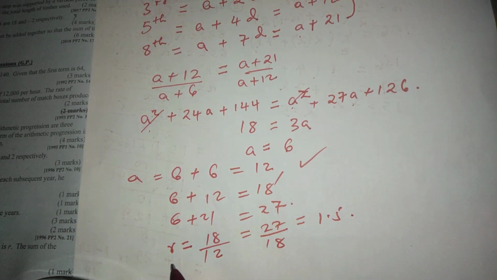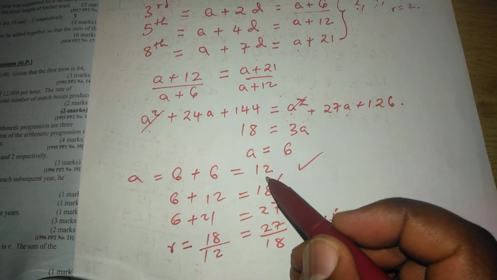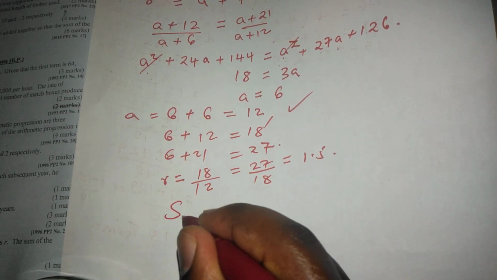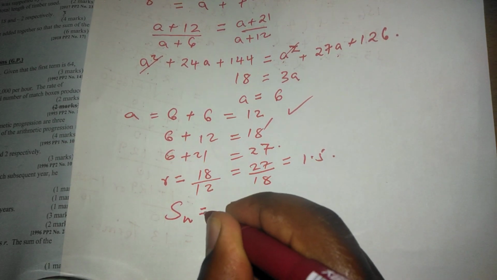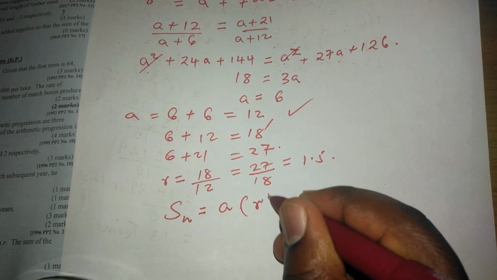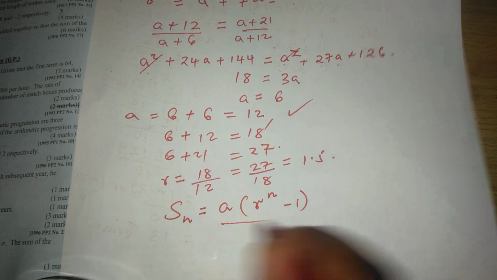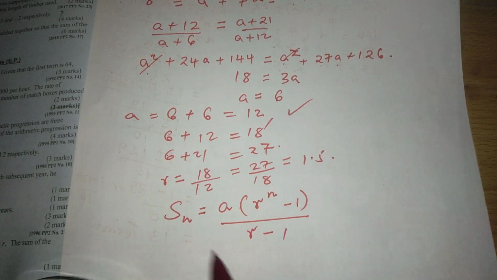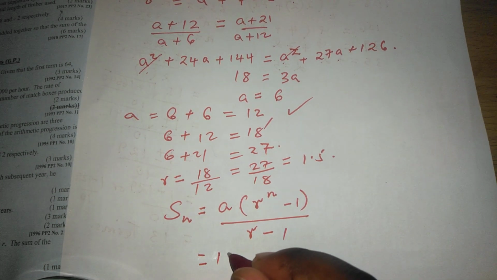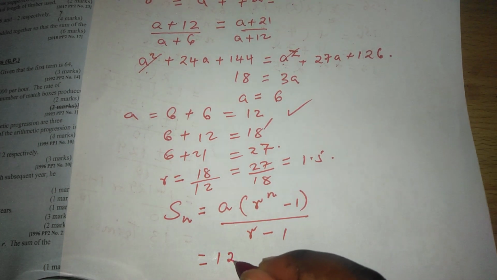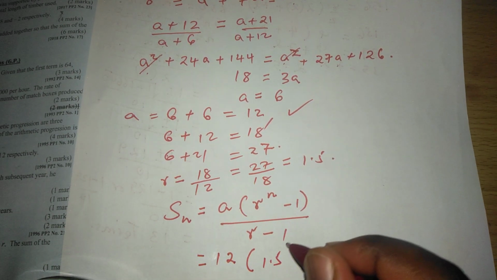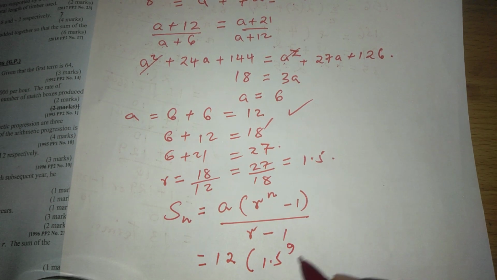So we have the common ratio and we have the first term as 12, and with those two, the sum of a given number of terms for a GP is calculated as a into r to the power n minus 1, divided by r minus 1. The first term is 12 into r, which is 1.5, raised to 9, because we're finding the sum of the first 9 terms.